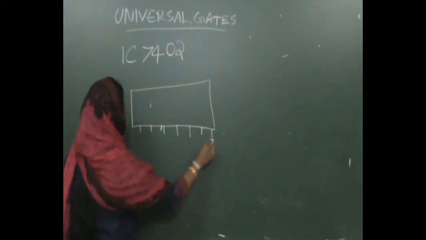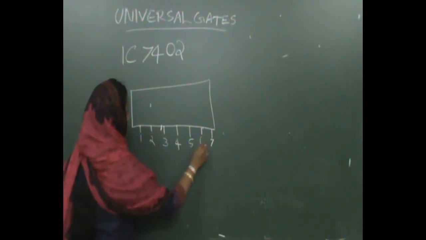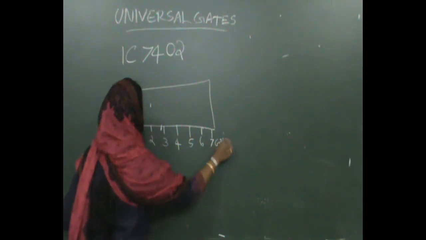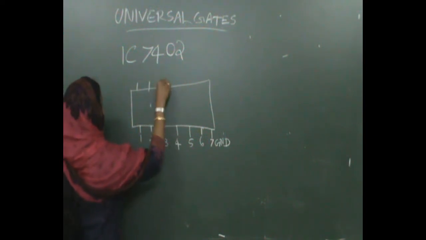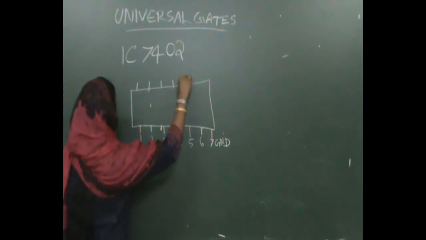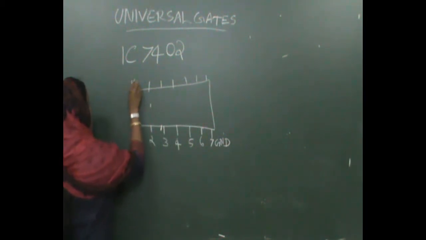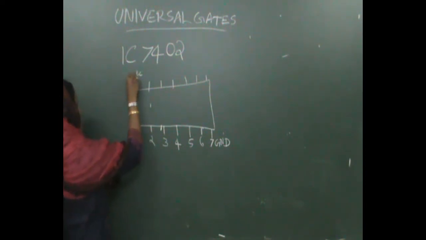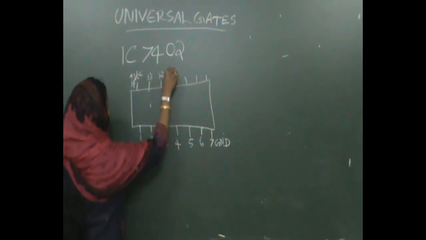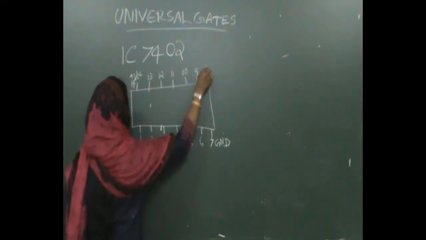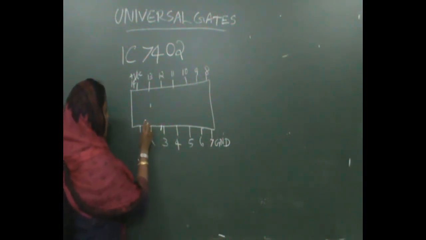Seventh pin is grounded. 1, 2, 3, 4, 5, 6. This is ground. This 14th pin is plus VCC. And now here 13, 12, 11, 10, 9, 8. These are the pins. And here the 2 and 3 are the inputs of the NOR gate.